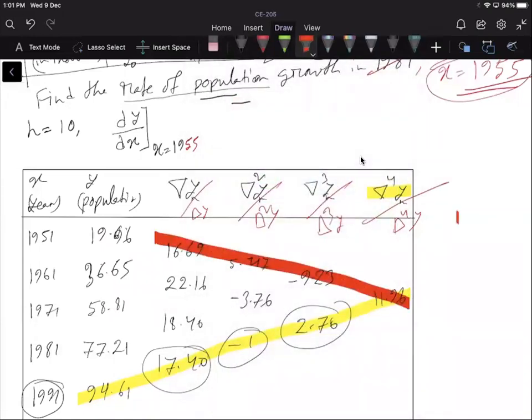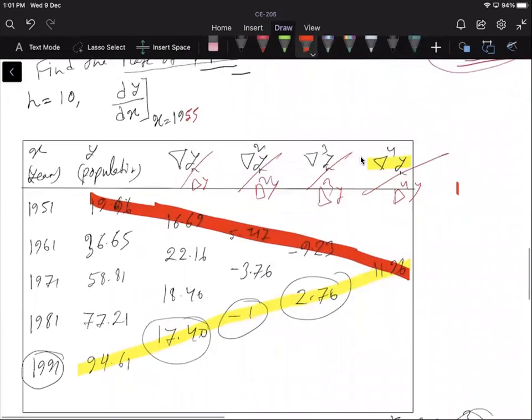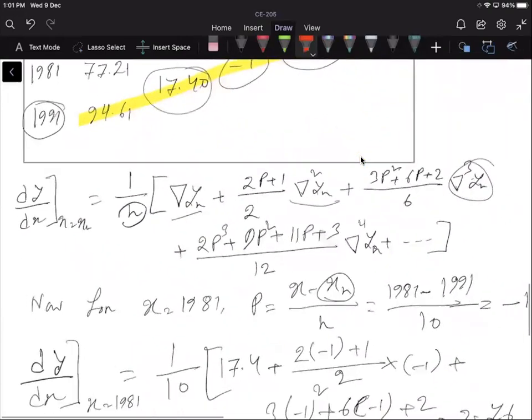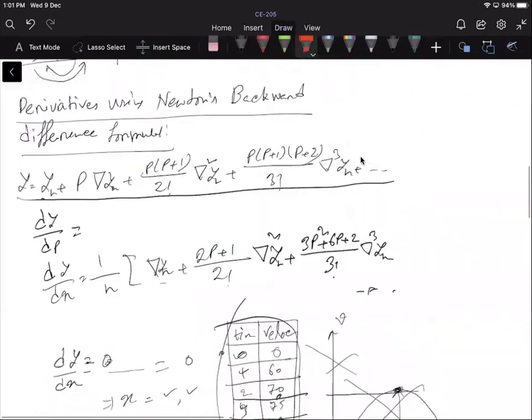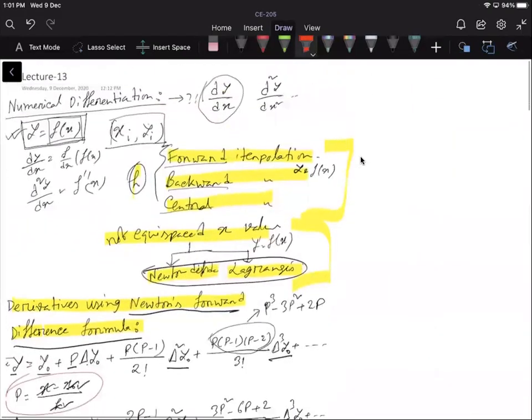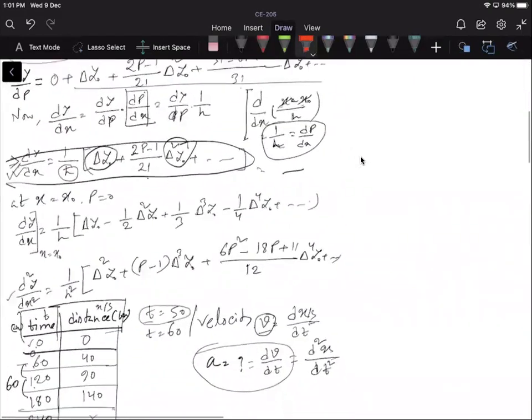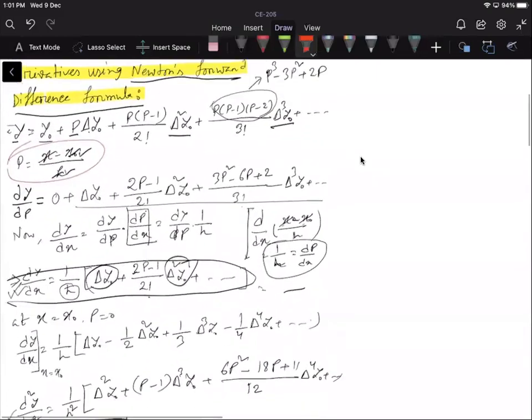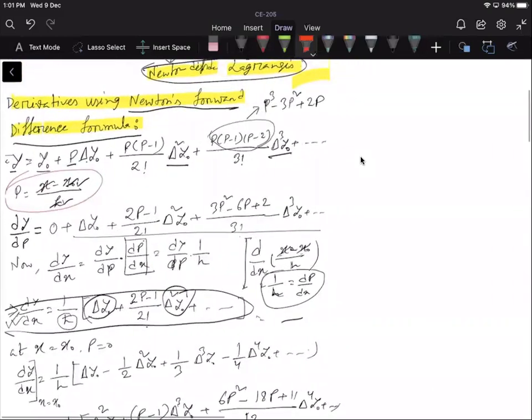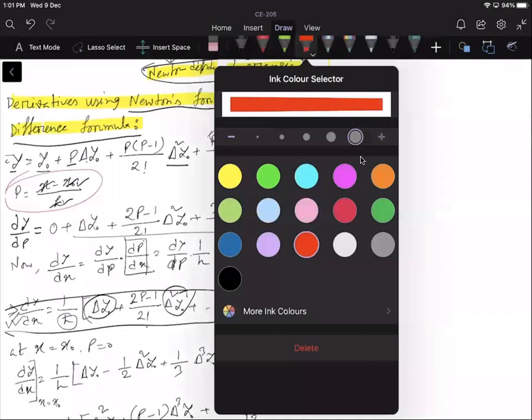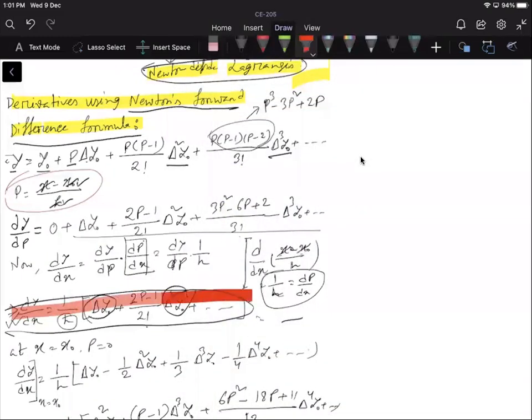These coefficients are required. Okay, upper diagonal. So these decisions should be made by you, which equation you will take, and then take the first derivative of this equation, the first derivative of Newton's forward interpolation. We already found this. This is the first derivative of Newton's forward formula.